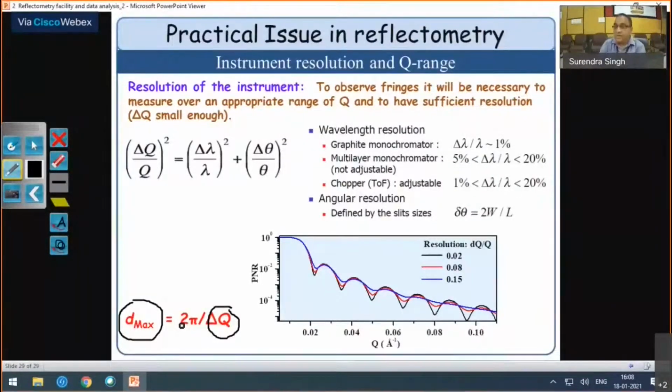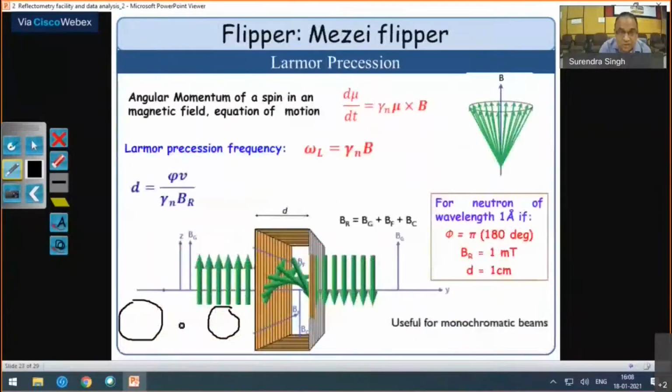Yeah, there is a question: how precisely does the neutron spin precess in a magnetic field? I was showing this, you can see here.